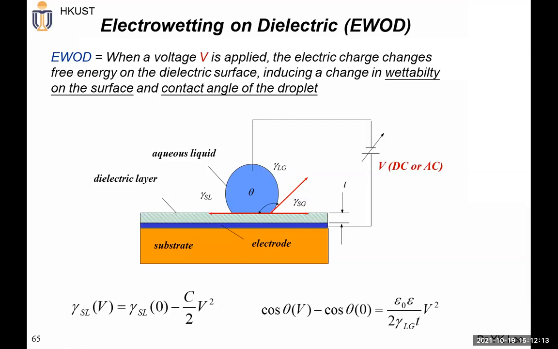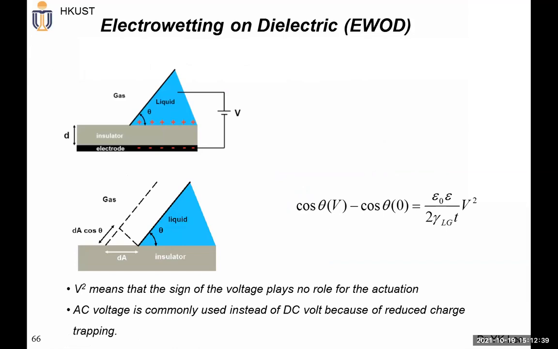If you look at the contact angle as a function of the applied voltage V, V squared, then what's the problem? V squared means that the sign of the applied voltage has no role. It will not change this kind of actuation. So for engineers, what do we need to do?